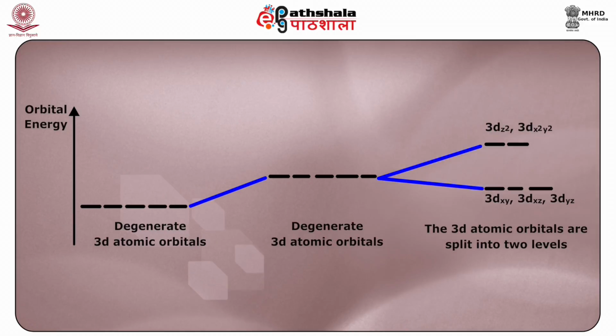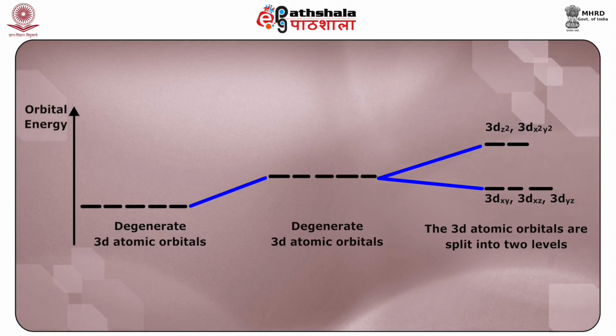This happens due to different orientation of the d orbitals with respect to the approach of the ligand axis. Here we will talk only about the most common type of the geometry observed in coordination complexes, which is octahedral, comprising of the 6 ligands approaching the metal ion along the 3 coordinate axes along the positive and negative directions.